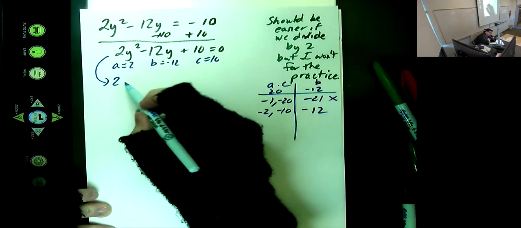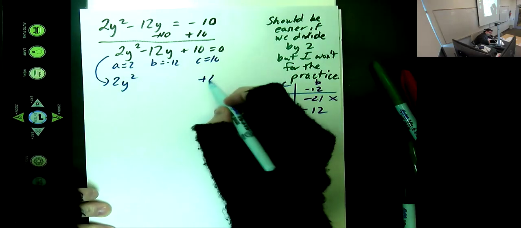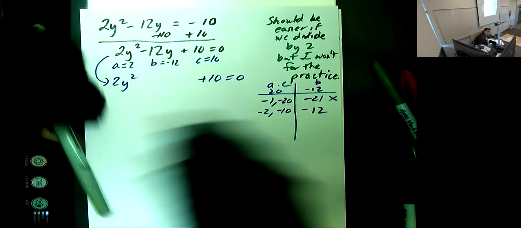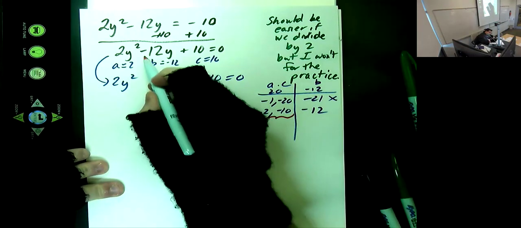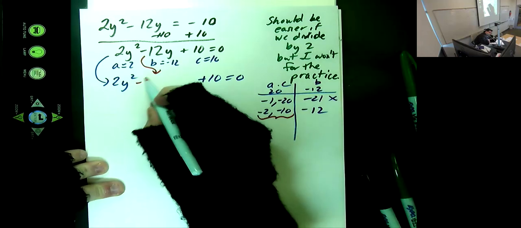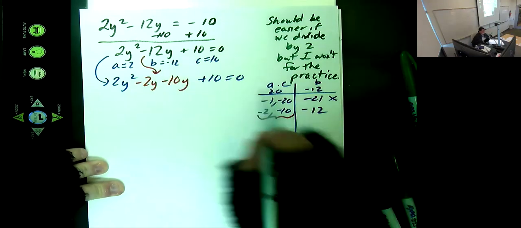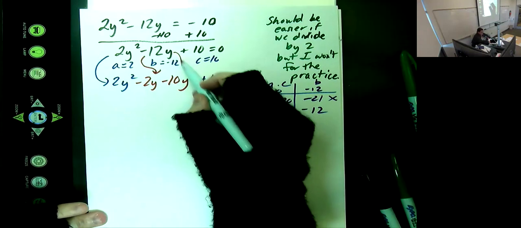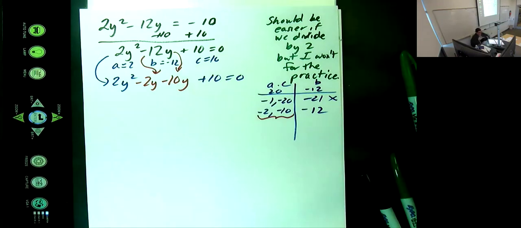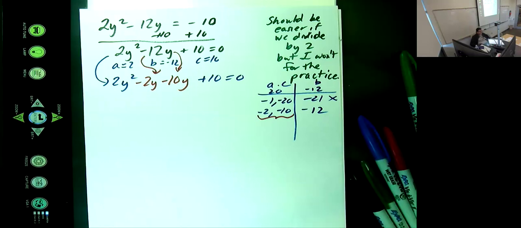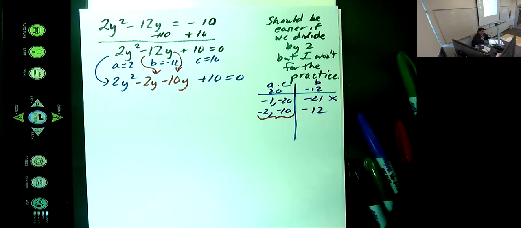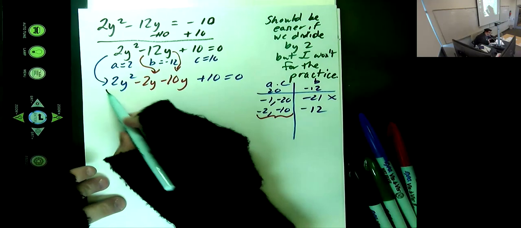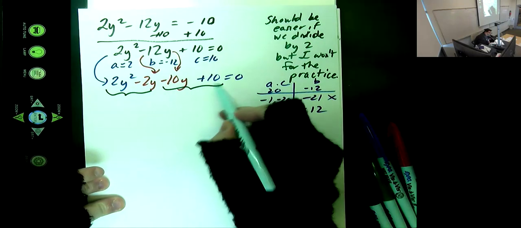So I'm going to split my -12y based on these: -2y minus 10y. We split it up, and then we group. I put those together and these together.